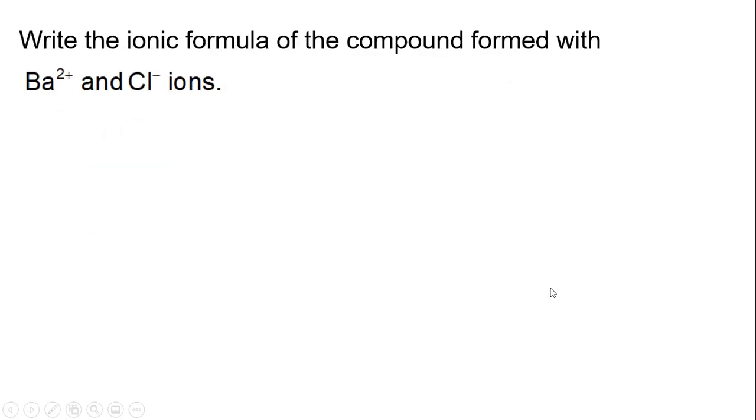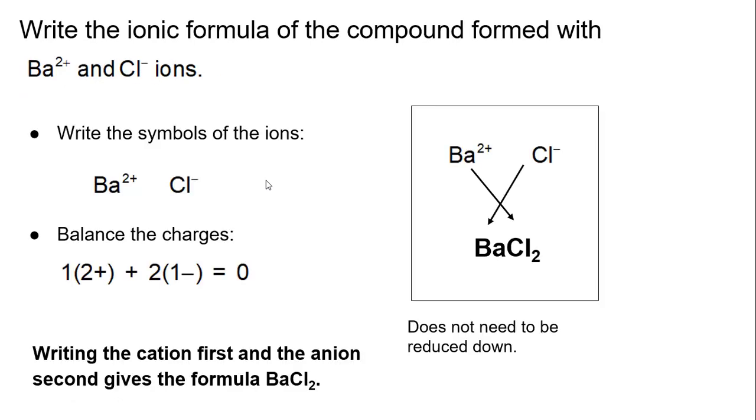So here is a problem. If I give this to you, write an ionic formula of the compound. So you've got to bring these together, and at the end, the charges should not be showing. So bring these down. I'm just going to show you the page of how to do this. Now you could do it the book way, which is this way, or you can do the crisscross way, which still matches.